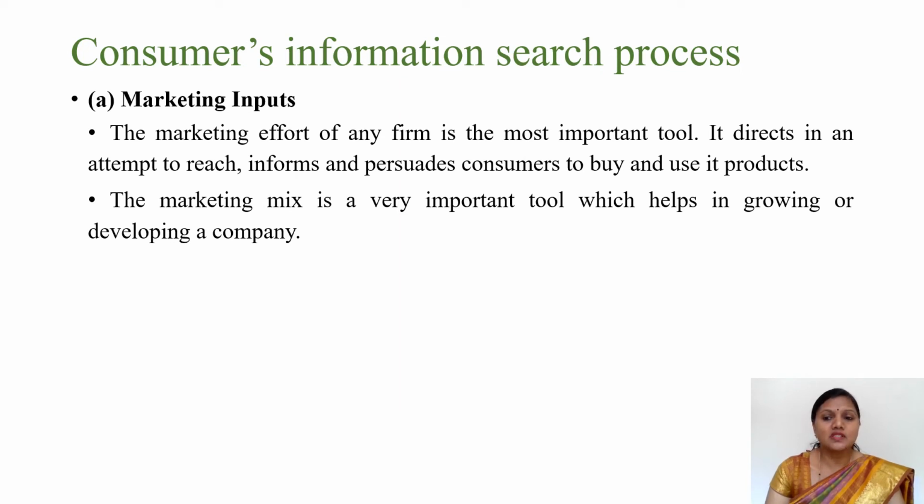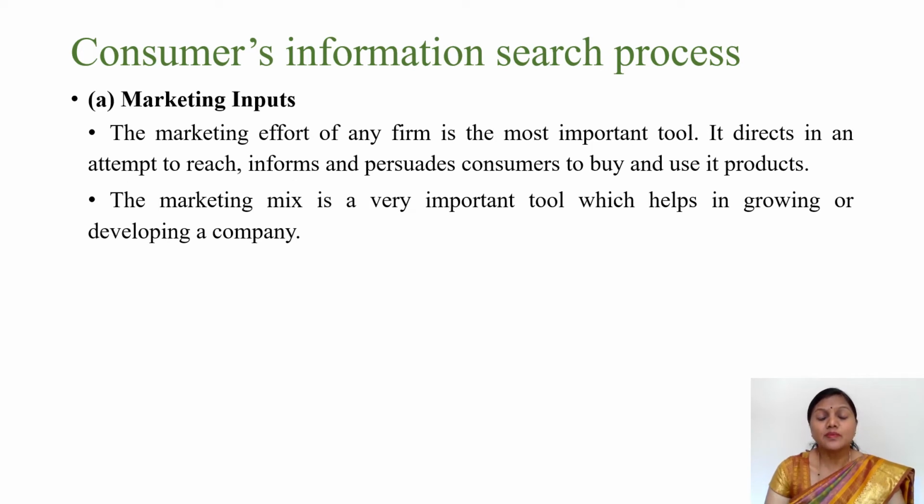In the inputs, there are two types of inputs. First one is marketing inputs. The marketing efforts of a firm are the most important tool. It directs an attempt to reach, inform and persuade the consumers to buy and use its products. The marketing mix is a very important tool which helps in growing and developing a company.